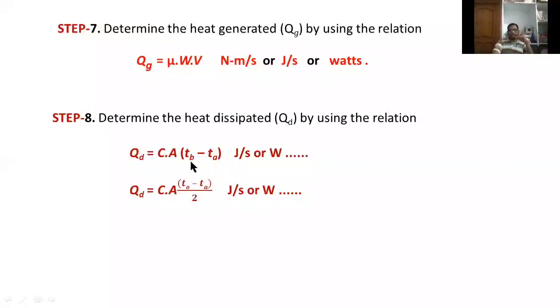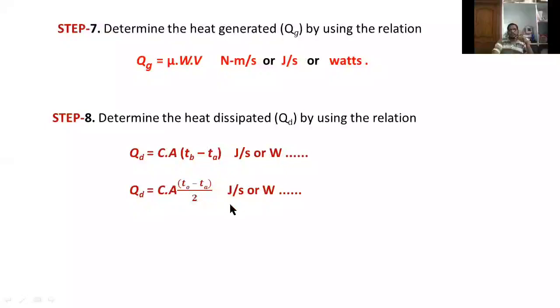TB means bearing surface temperature. TA is the ambient temperature. If the bearing temperature is not given, then the operating temperature of the lubricant will be given.